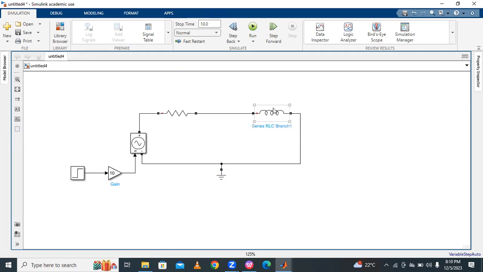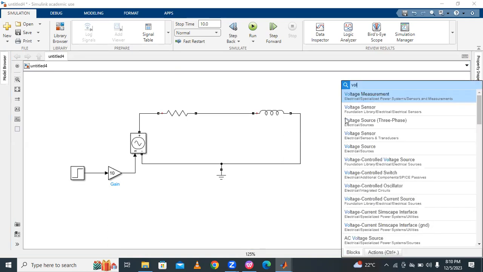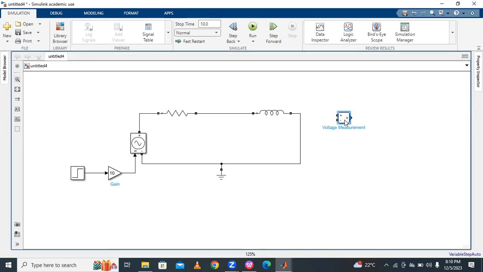And if you want to measure the voltage across the resistor and also input voltage, take one voltage measurement, place here, connect this voltage measurement in parallel across this. This is called voltage measurement. Okay, voltage across the resistor. And similarly, this is voltage across the inductor.